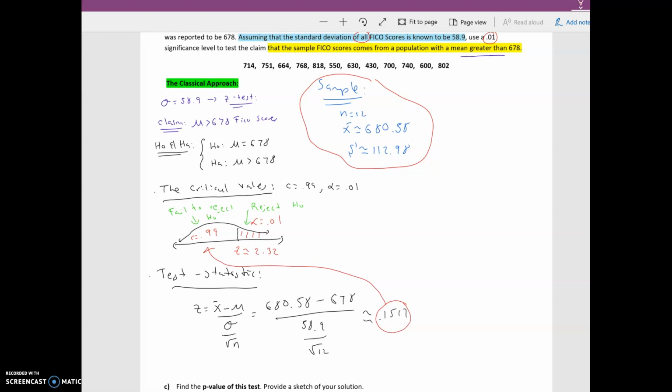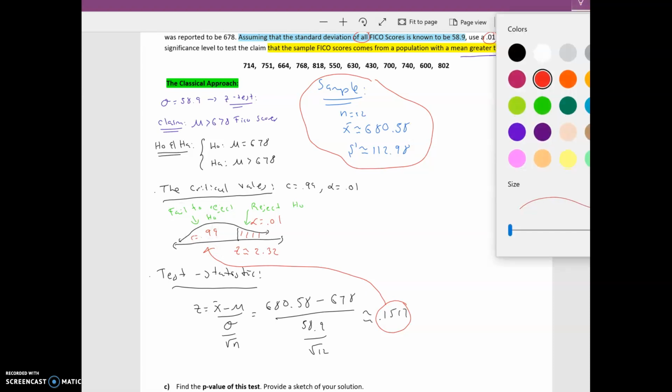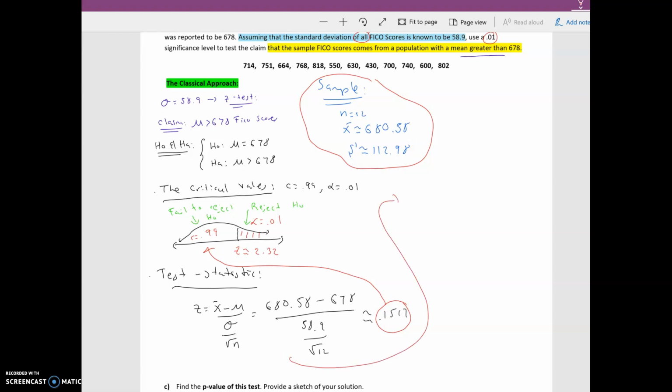Since the region is cut off at, in this case, 2.32, we landed in the fail to reject region. So our main conclusion is to fail to reject H0, and you can simply say because the test statistic of z ended up being 0.1517, it's less than 2.32, which is the critical value, so let me write it as the CV.